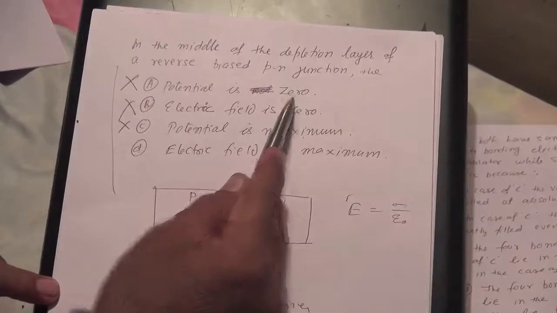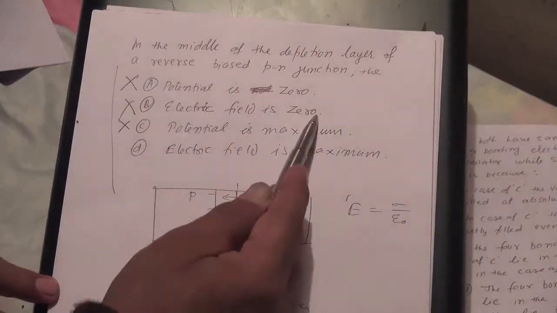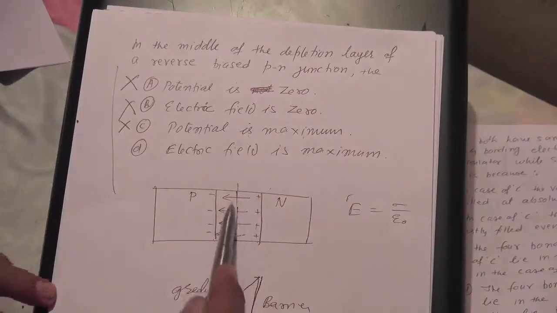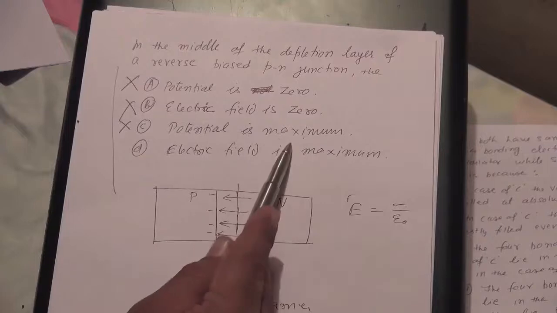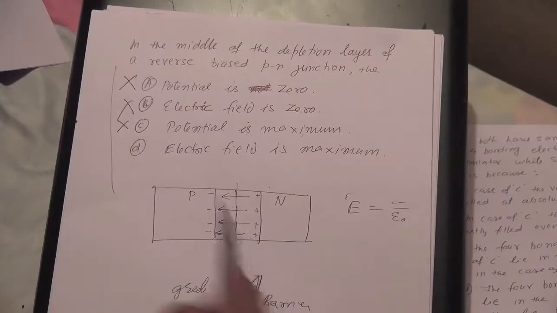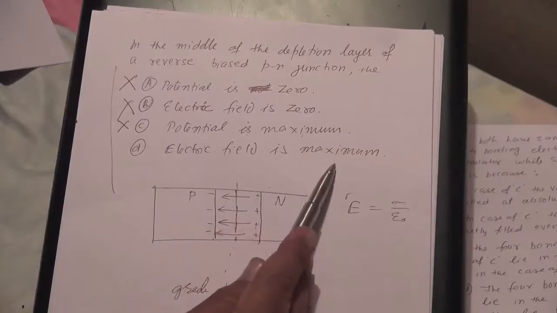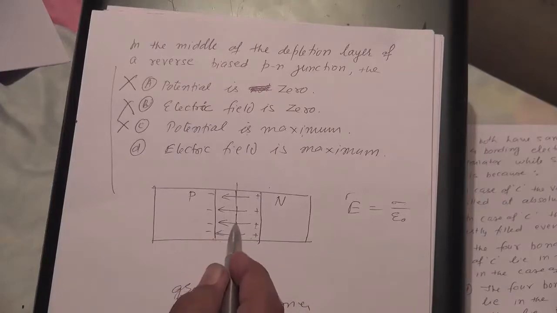Potential is zero is wrong because this is a non-zero potential. Electric field is zero. This is wrong because there is an electric field always. Potential is maximum. This is also wrong because here is the maximum potential. Then electric field is maximum. Okay. Electric field is maximum.